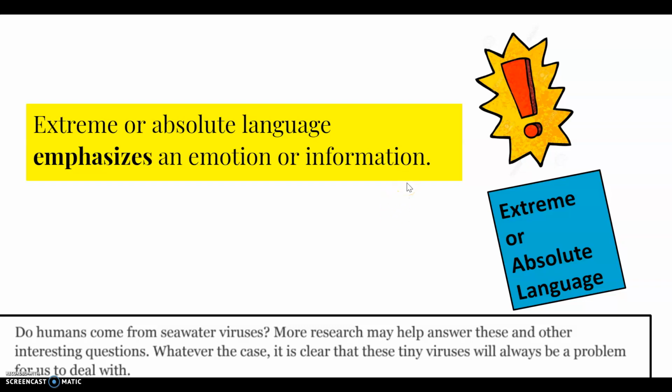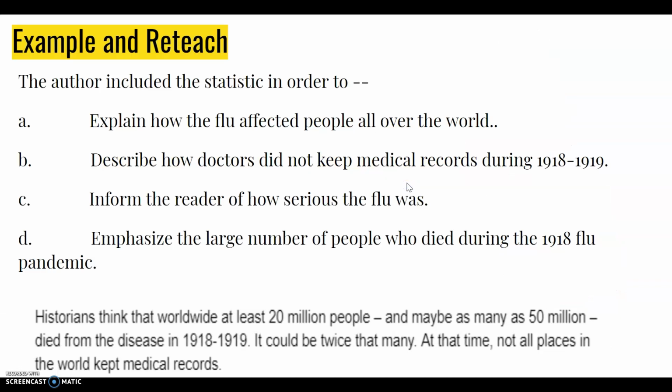Let's go ahead and go over an example from your exit ticket. So on Monday, you saw this question. I'm going to give you guys a few seconds, and if you need to, pause the video to go over the answer choices, and we're going to be eliminating some to think of what the right answer is. All right, so I asked you guys why the author included a statistic.